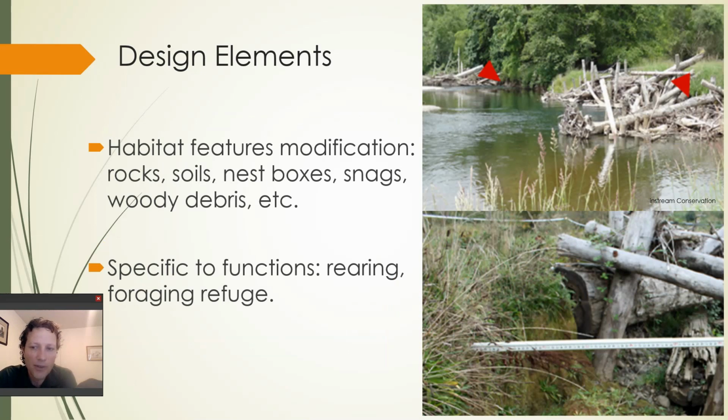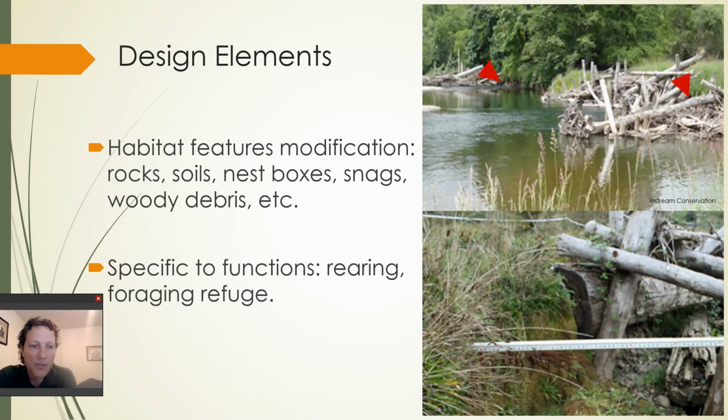There are, of course, other design elements when it comes to ecosystem restoration. Very often habitats need things besides vegetation. They need rocks, they need boulders, they need special soils, they need nest boxes or snags for breeding birds. They need woody debris in the streams to provide habitat for fish, any number of things.